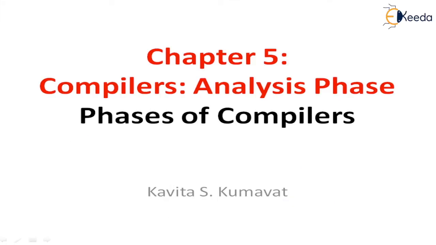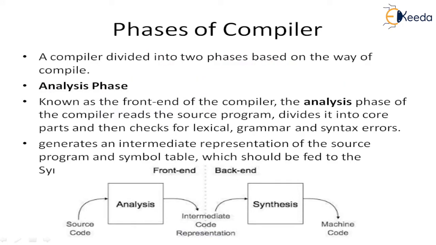So the compiler operates in various phases. Each phase transforms the source program from one representation to another representation. Basically, the compiler has two main phases, the analysis phase and the synthesis phase.